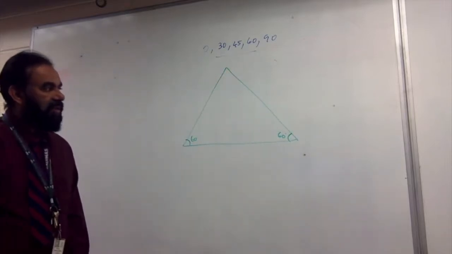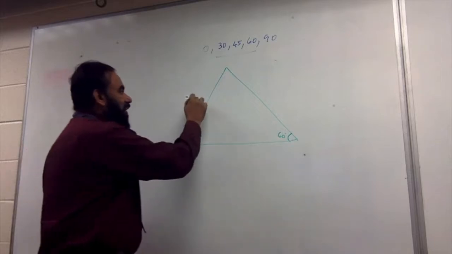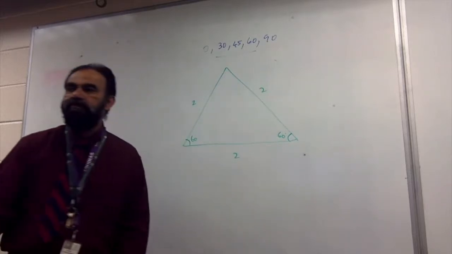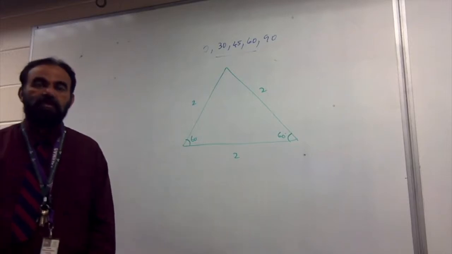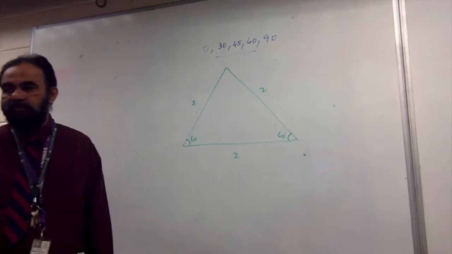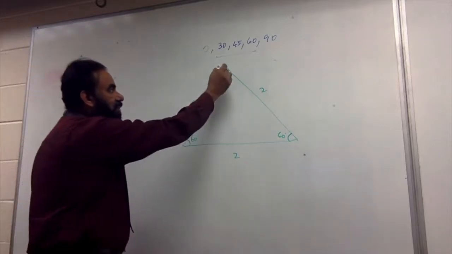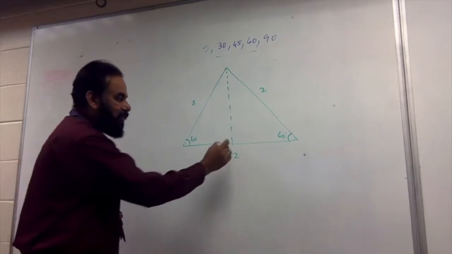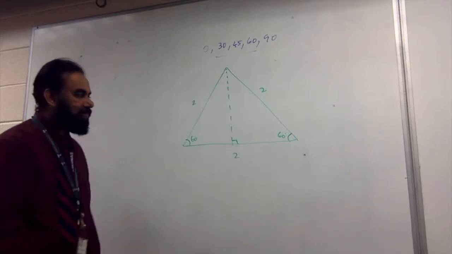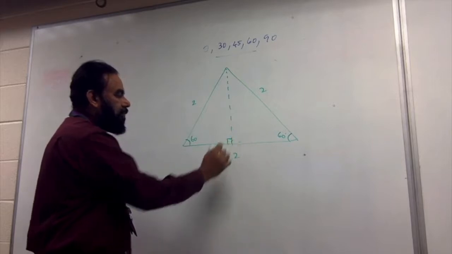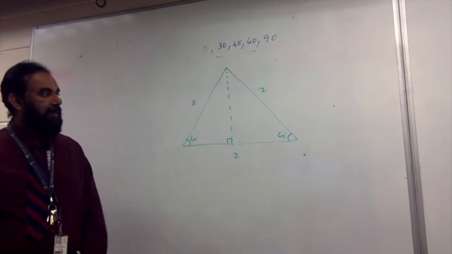Now you're going to take each side as 2, 2, 2. Take each side as 2's, not 1's. It's okay to use 1's also, but 2's are more friendly. Now split this into 2. So your right angle is coming out there.